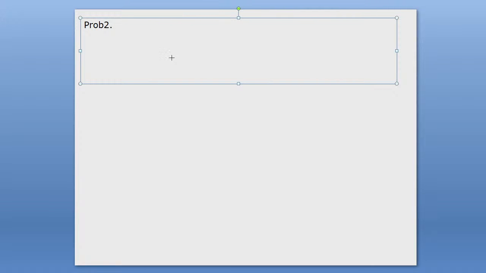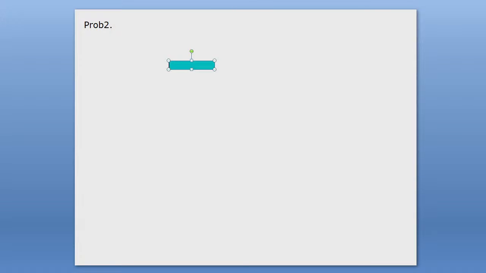This is a resistance box actually. You consider another resistance box here, and you consider a supply voltage here.